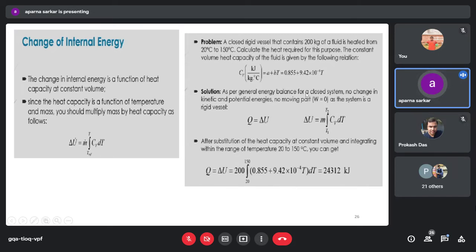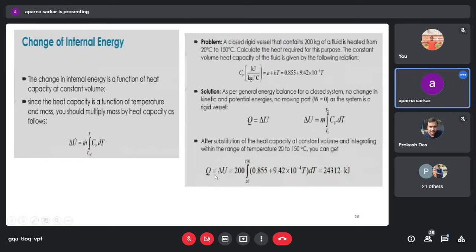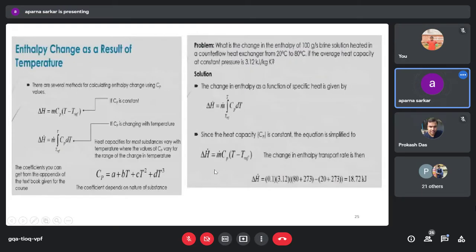So in this equation, we can put the value of T, 150 degrees centigrade, and the mass 200 is given. So we can directly substitute the values into this equation. Then we have the value of Q, or you can say del U. Q is written because the internal energy form is heat. Therefore, Q is written. Nothing else.